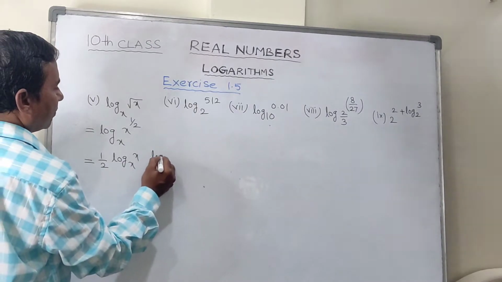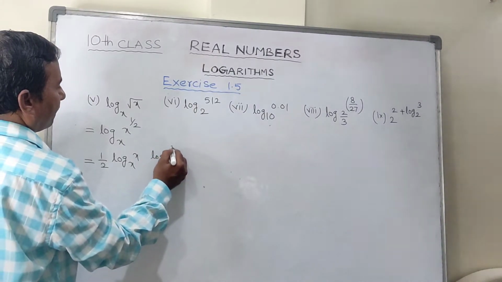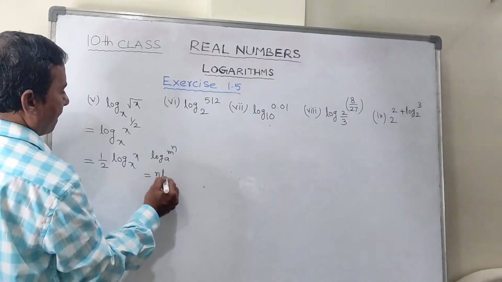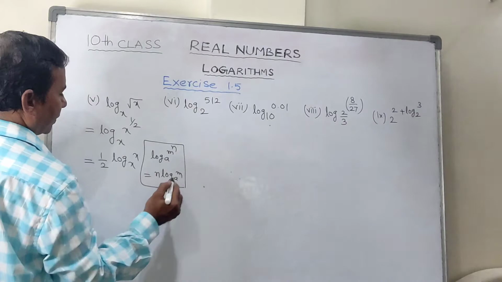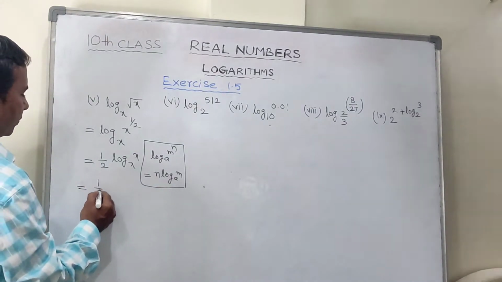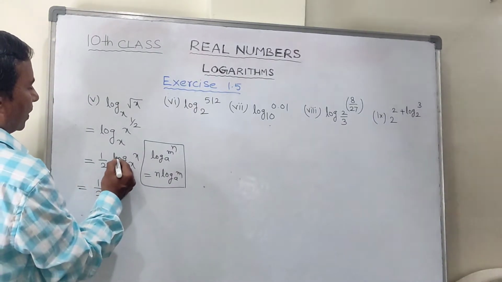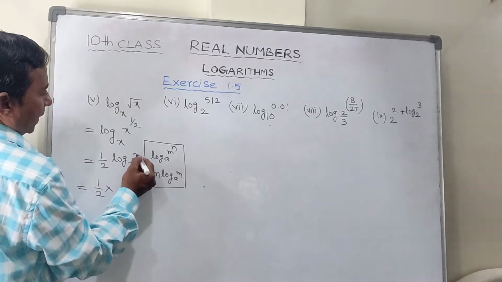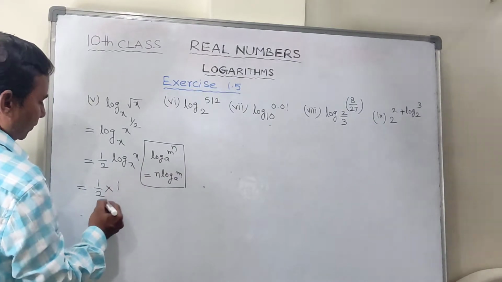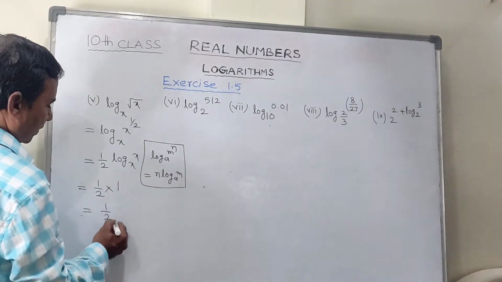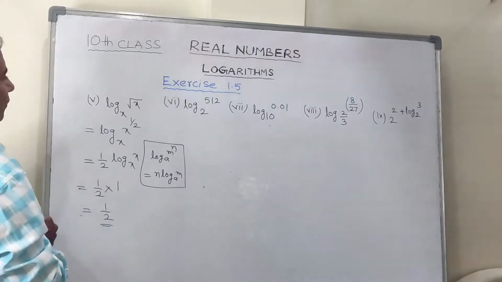By which formula? Okay, 1 by 2 into log x to the base x, means if these two are equal, that value is 1. So 1 by 2 into 1 is 1 by 2. So this is the fifth problem.